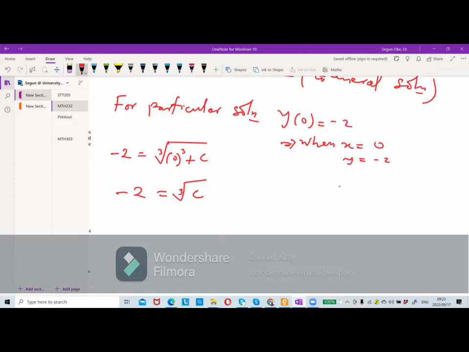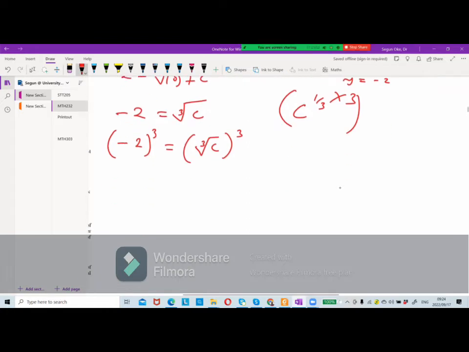So everything will be raised to power 3, because remember that cube root is 1 over 3. So you raise everything to power 3, it will now be minus 2 raised to power 3 equals the entire whole raised to power 3.